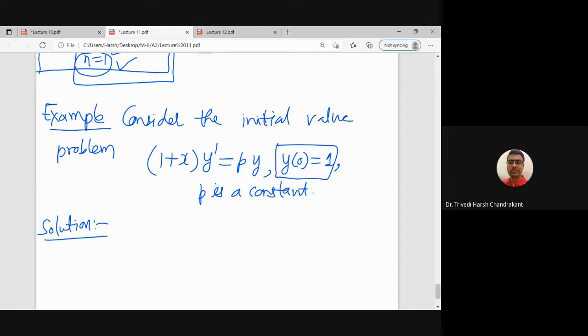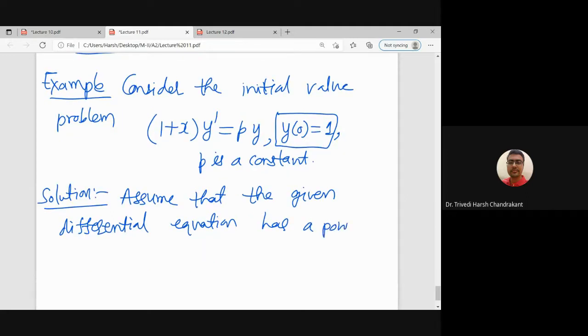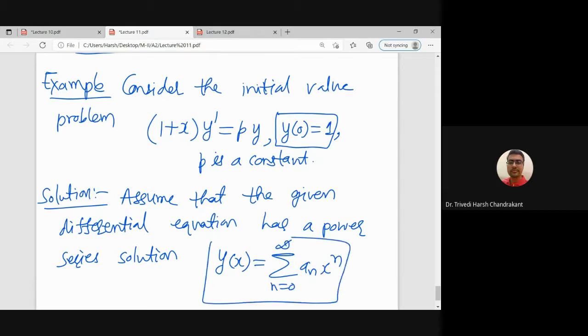So what we'll do is we'll assume that the given differential equation has a power series solution y(x) is equals to summation an x power n, right?